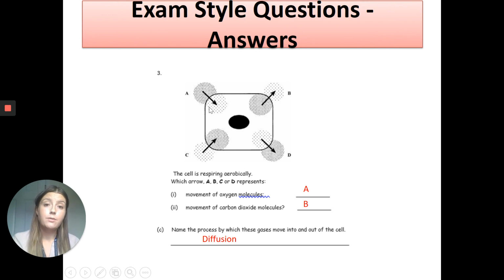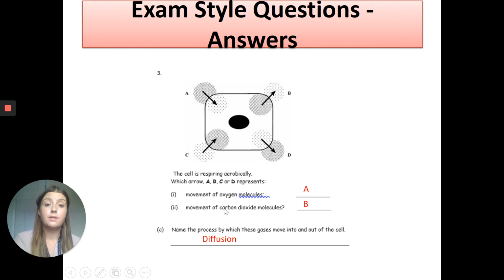Now if we look, we've got a high concentration here and low concentration here, and here we've got low concentration here and high concentration here. We know that diffusion is the movement from a high concentration to a low concentration, which means that the movement of oxygen molecules must be A, because oxygen's required for aerobic respiration, so it's going to move into the cell from an area of high concentration to an area of low concentration.